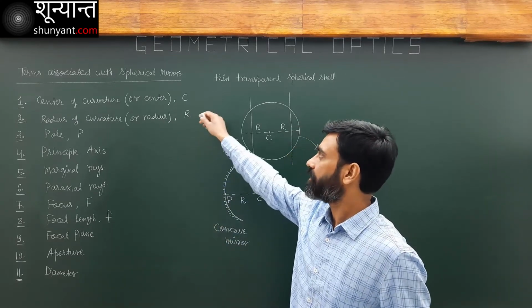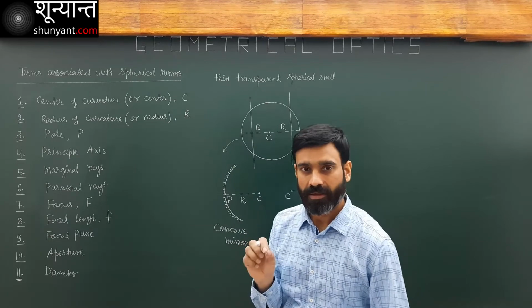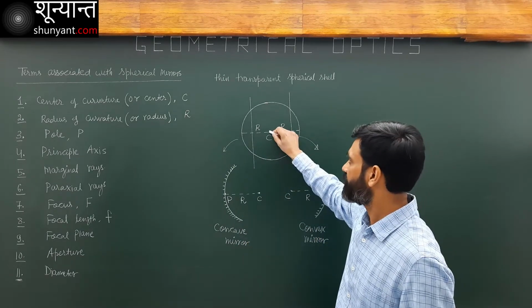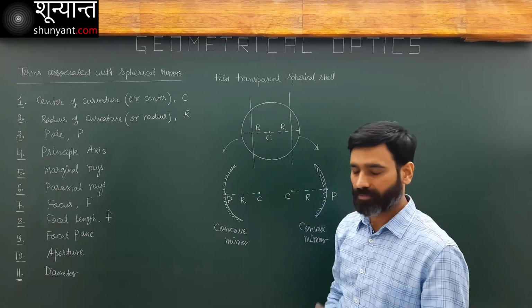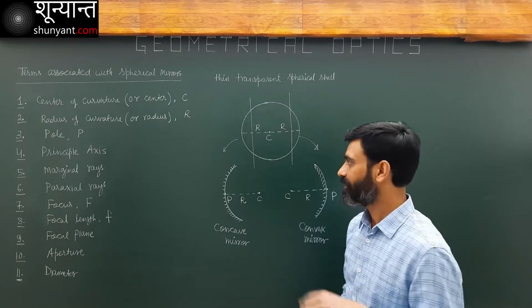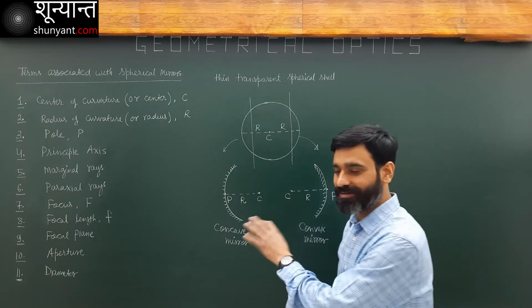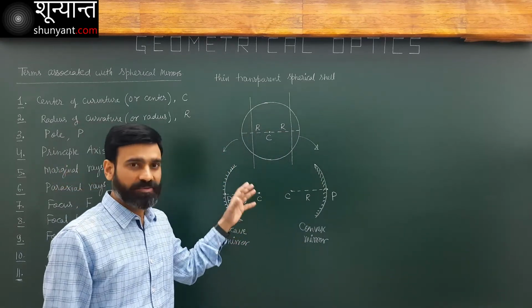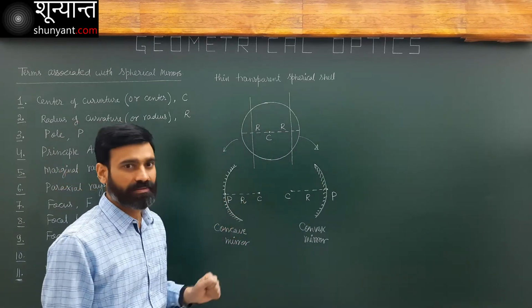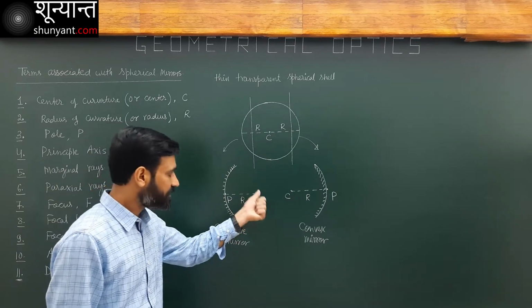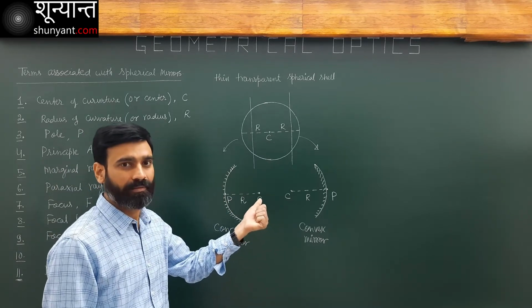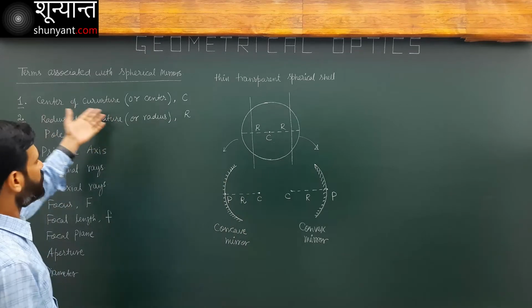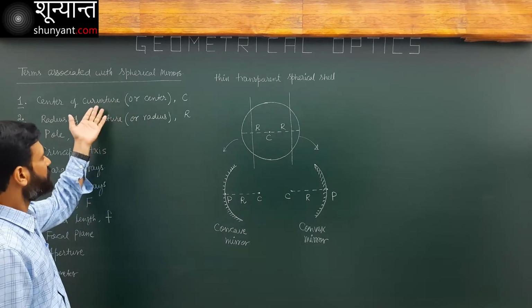Center of curvature or center is the center of the spherical surface. That's it. This is my spherical surface. Whatever is its center is known as center of curvature or simply center.